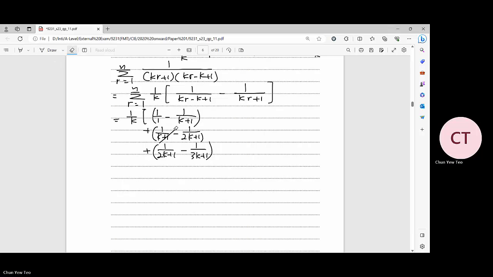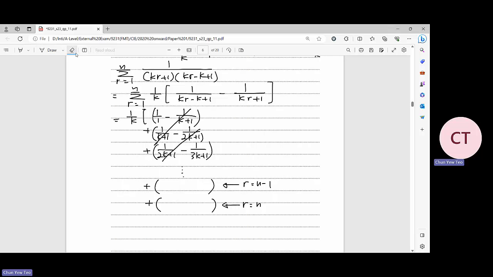So the remaining part I just put dot dot dot, and then I just need to list out the last two. This will be the case where r is equal to n, and this will be the case where r is equal to n minus 1.